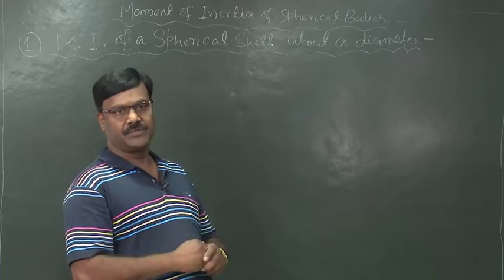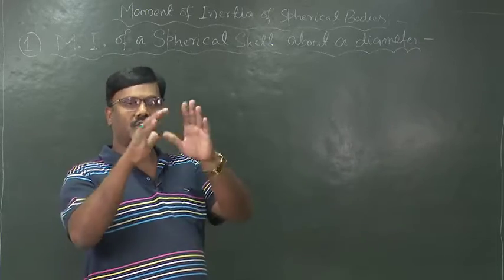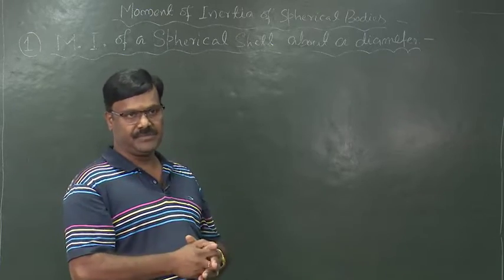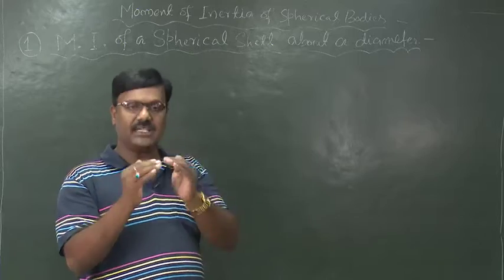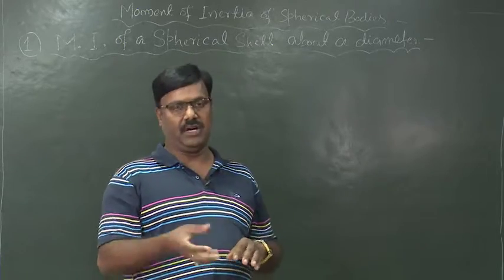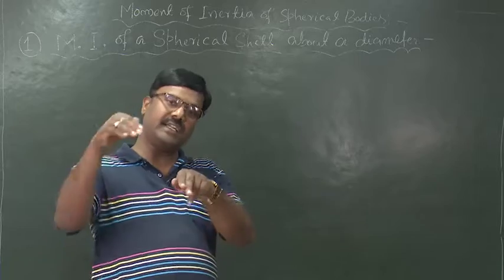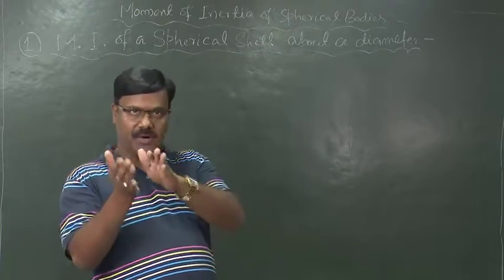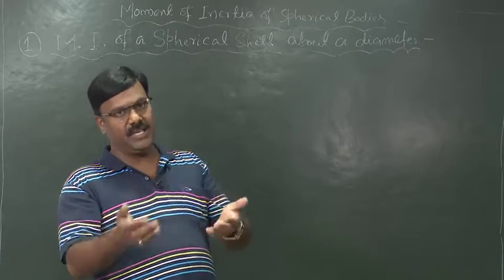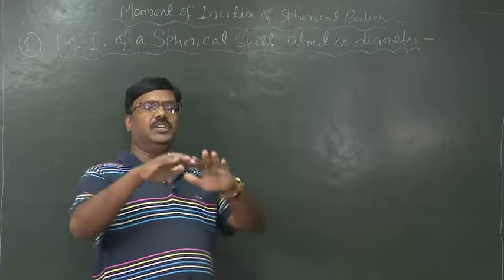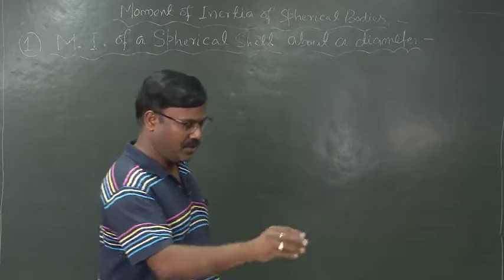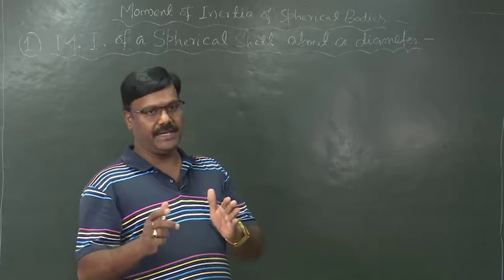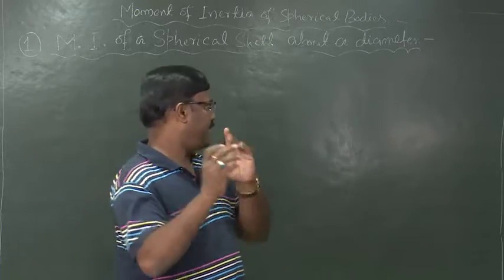So, we can calculate its total surface area, then the mass per unit area and then by considering a small element of the spherical shell and calculating the moment of inertia of the spherical element about one axis, we will be able to find out the moment of inertia of the total spherical shell. So, let us first consider a spherical shell of radius r and mass m.